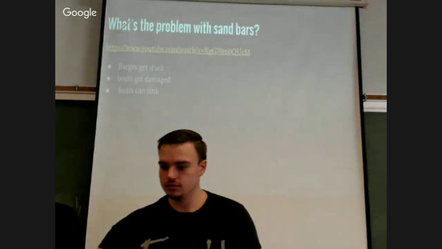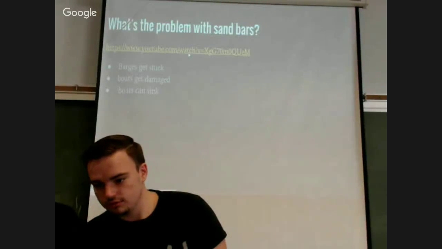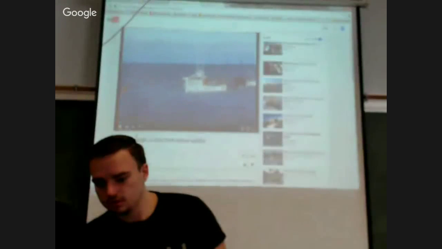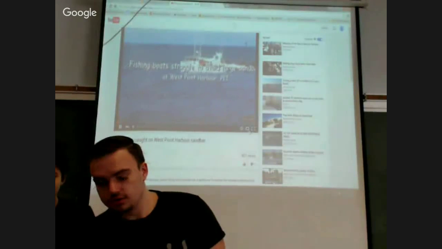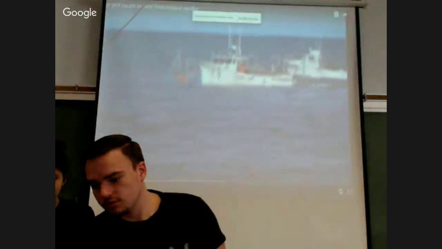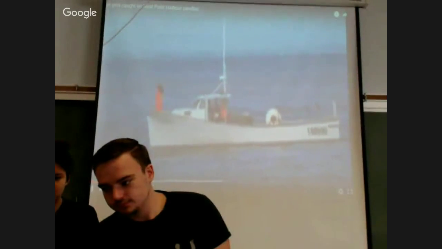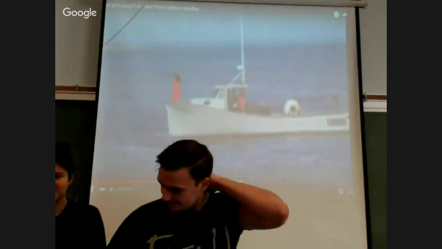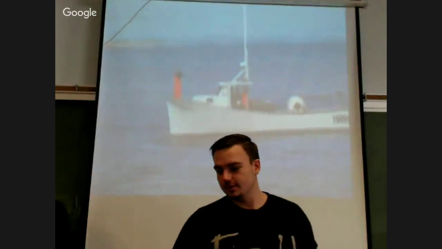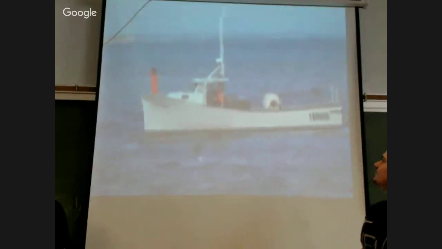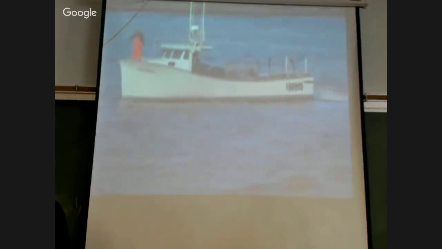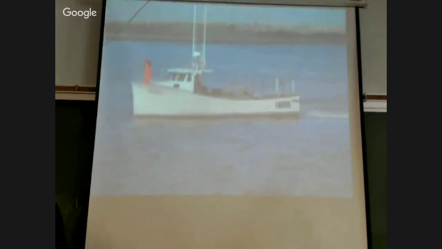And I have an example of a boat getting stuck. You can see the boats getting stuck on the sandbar.